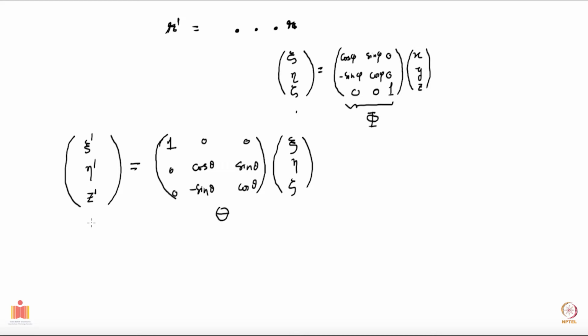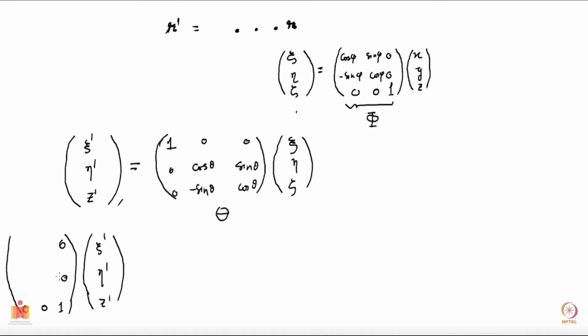Now I should take my xi prime, eta prime, and z prime, and do a rotation. I have not left much space here, which I should have done, but anyway. Now what's not going to change? The z prime is not going to change, so clearly here you have to have 0, 0, 1.